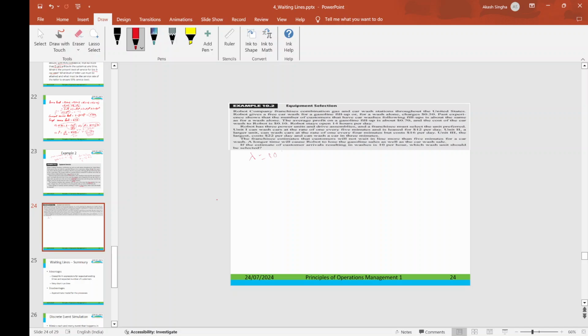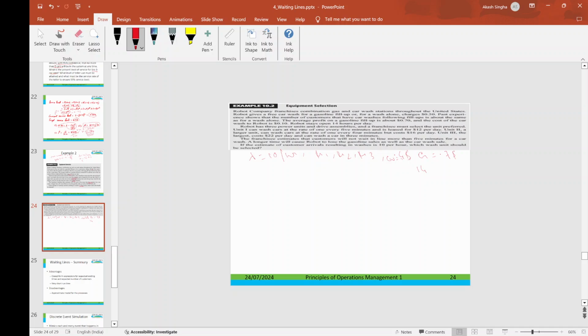Lambda equals 10 per hour, mu1, mu2, mu3, and the profit for car wash, which is $0.4, and gasoline is $0.7. Sorry for the handwriting. And 14 hours it works per day, and the cost associated with the three is $12, $16, and $22.